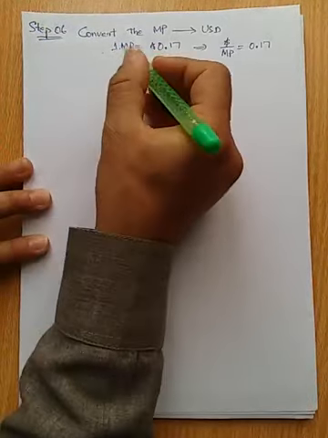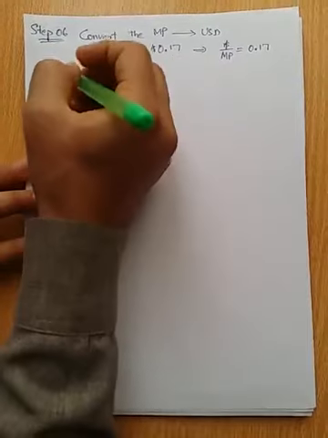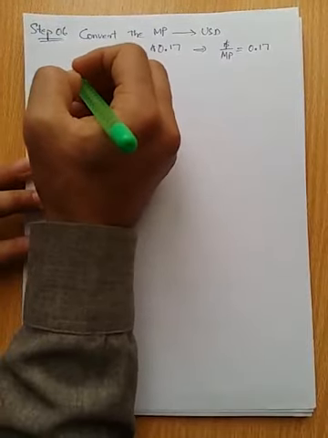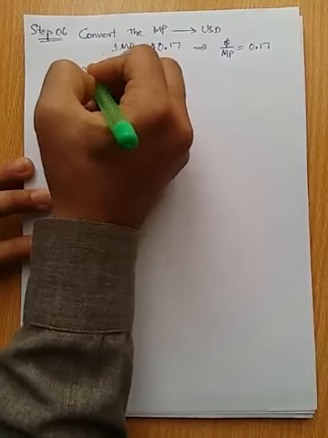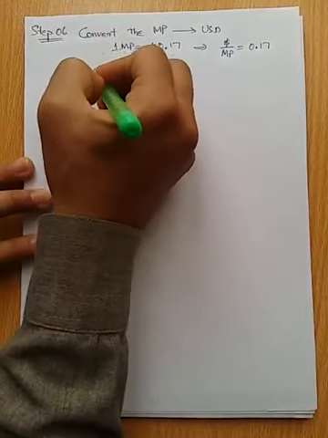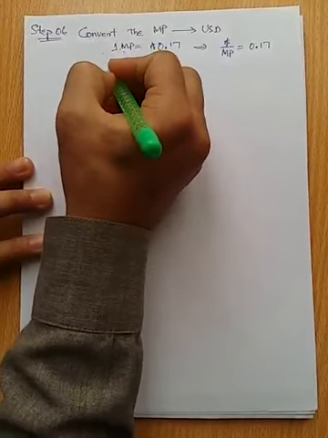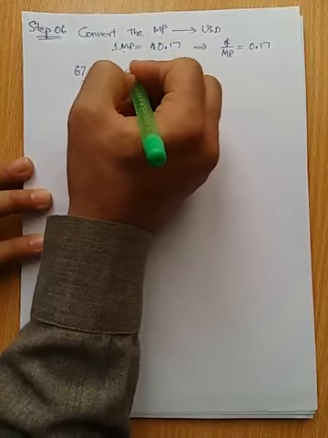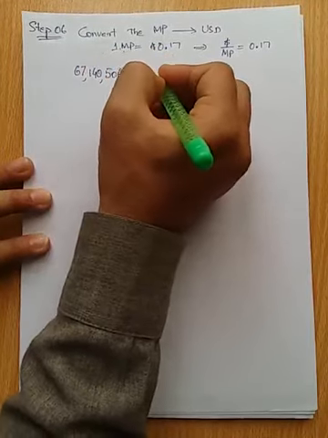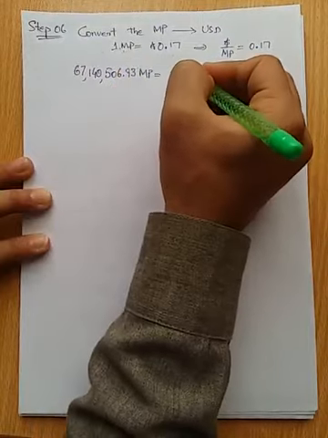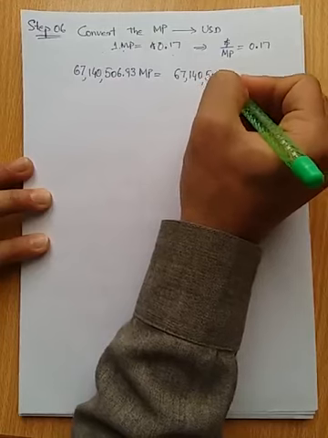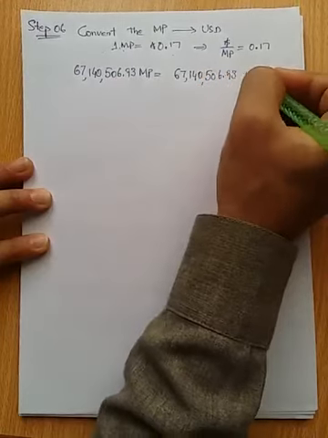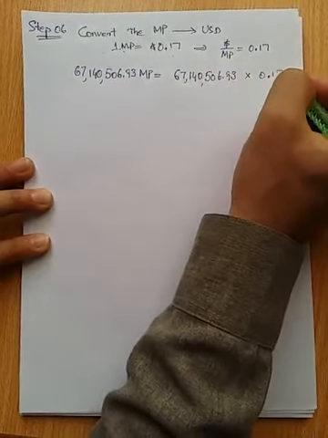So if one Mexican peso is this much, then our total value of 67,140,506.93 Mexican peso will be equal to quantity, which is the same value, multiply by the rate, that's 0.17.